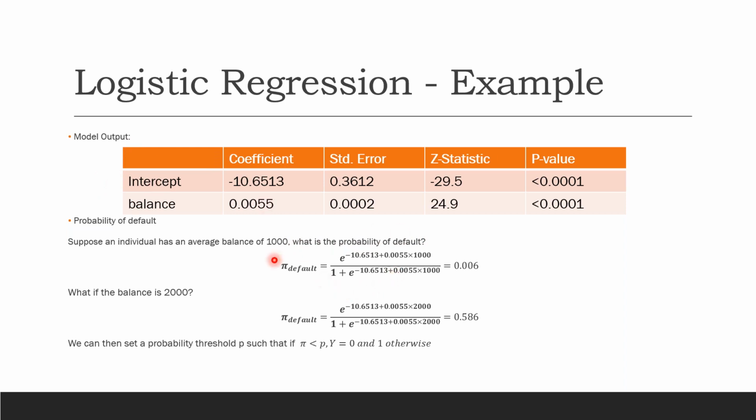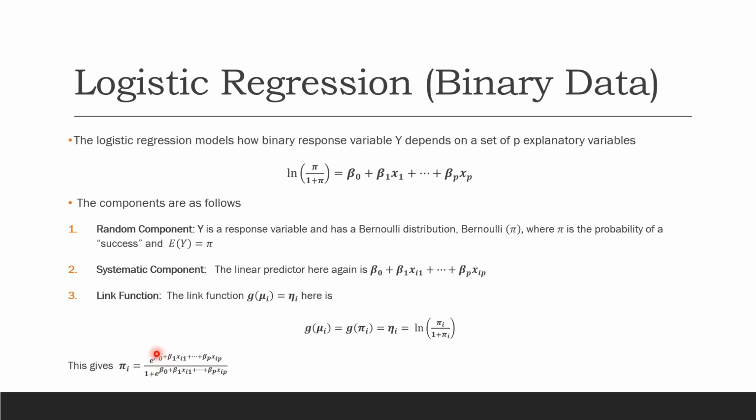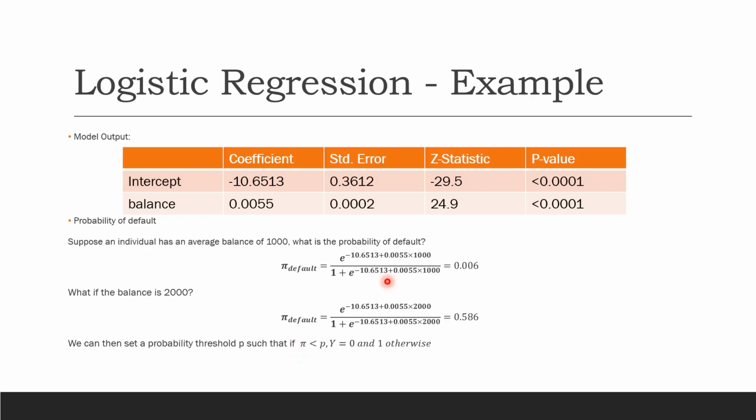All we need to do is plug these values into this equation. So we have the intercept, then the coefficient for balance, and then balance. Since we have only one variable, ignore the rest of the terms. So plugging these numbers into the equation, you have your intercept, slope, and then your value of the variable, which here we assume is 1,000. So the probability of default is 0.006.